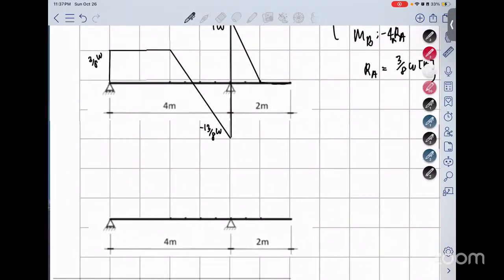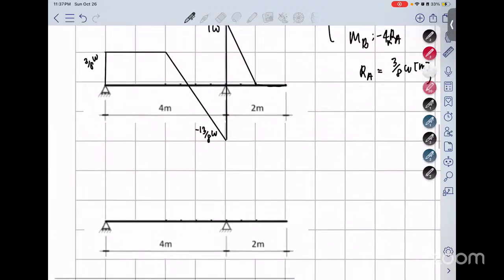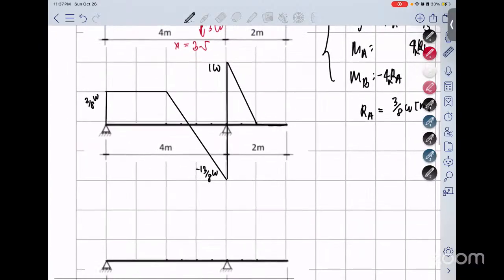So same thing here. It's about getting the area from the left to the right. One additional thing lang though is in bending diagrams, right? The points where the shear is 0 now matters. So we have to figure out ano yung x value nito, tong point na to.